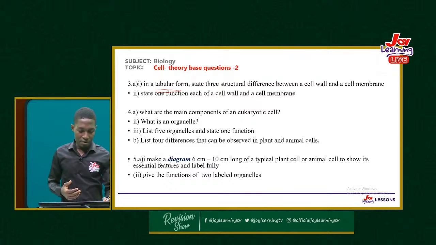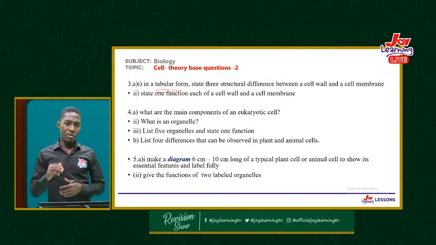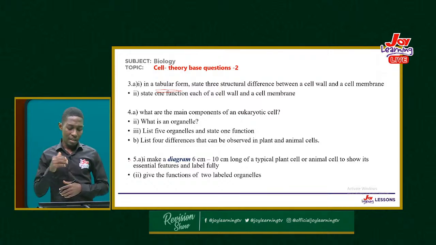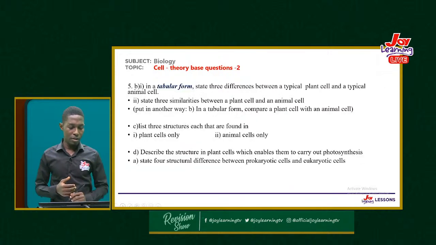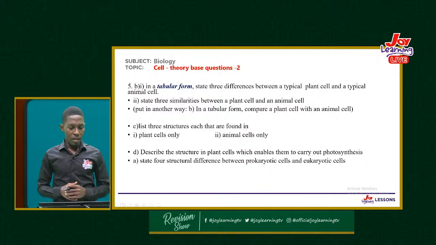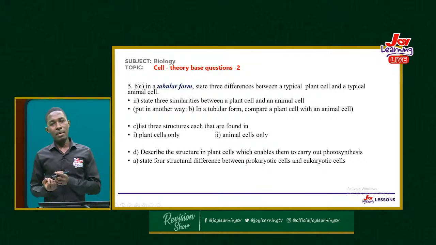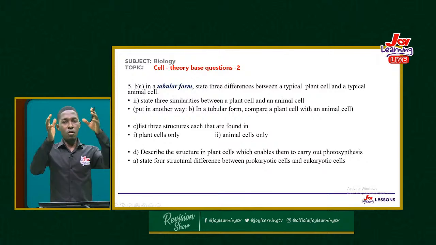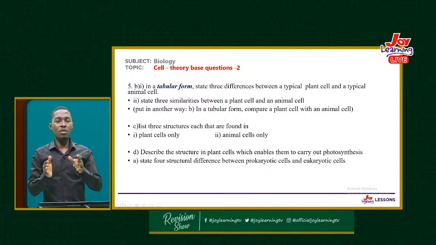Then question 5, a diagram. They insist you draw a diagram. It happens, it carries about usually 8 to 10 marks. They tell you to draw it by giving you a specific instruction, 6 to 10, and which side you should draw. Then they say, give the function of 2 labeled organelles. Then if they use the word compare in exams, it means look for differences, then come and write something on similarities.